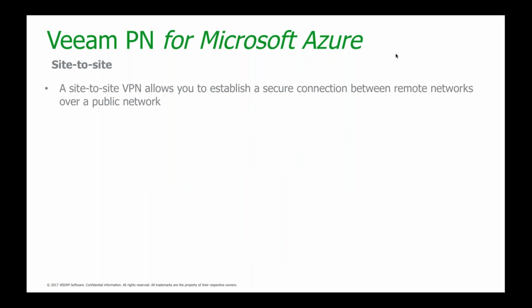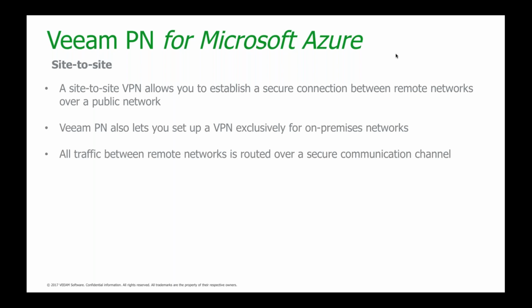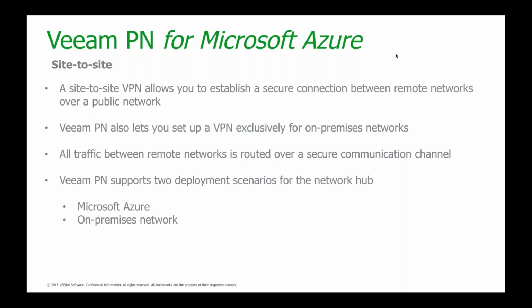If we look at the two types of VPNs that we're configuring here, we've got a site-to-site, and the site-to-site VPN allows you to establish a secure connection between remote networks on a public network. Veeam PN also lets you set up a VPN exclusively for on-premises networks. All the traffic between the remote sites is routed over a secure connection, so using TLS.